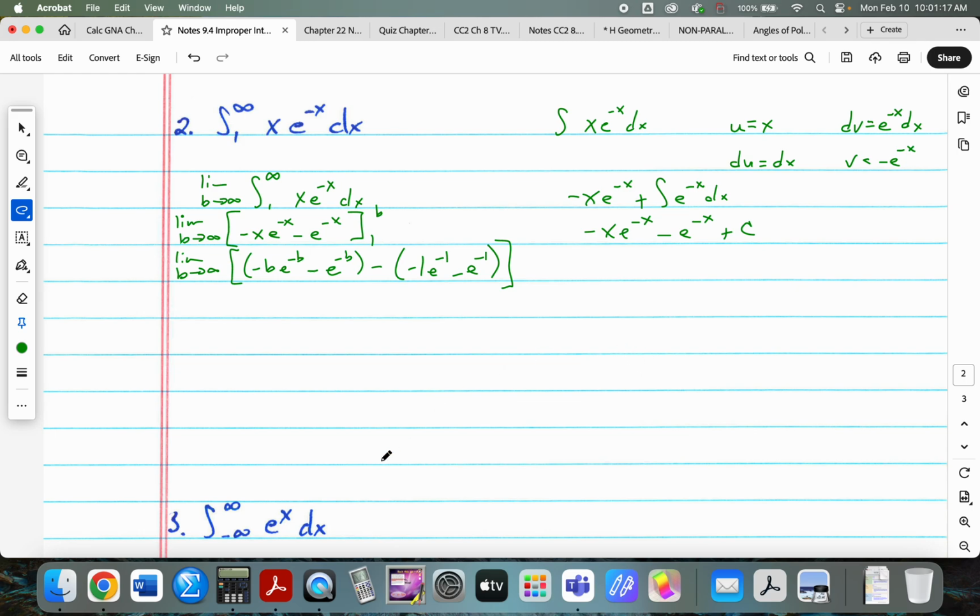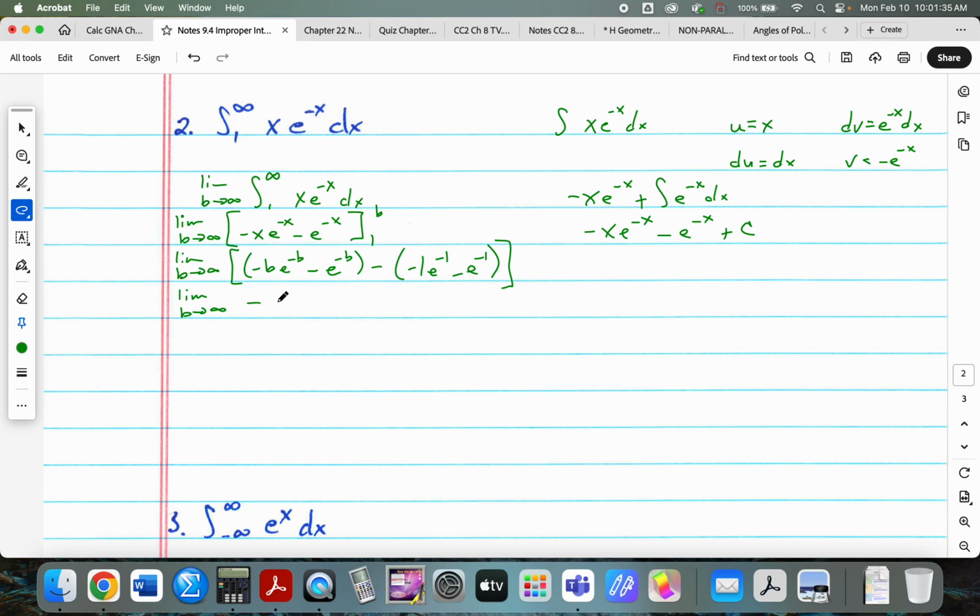It's probably helpful for you to rewrite this as the limit as b goes to infinity of, notice I have a negative and an e to the negative b, all that can be factored out of that.